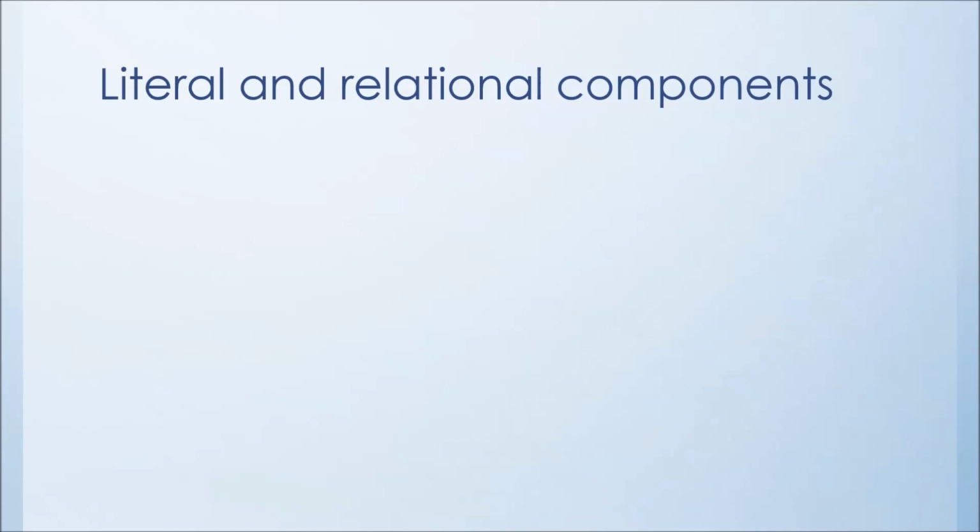Each of the communication messages that we send and receive has both a literal and a relational component. The literal component is the content of the message. The relational component is what might its secondary meaning be given the relationship between the people. What is the subtext?